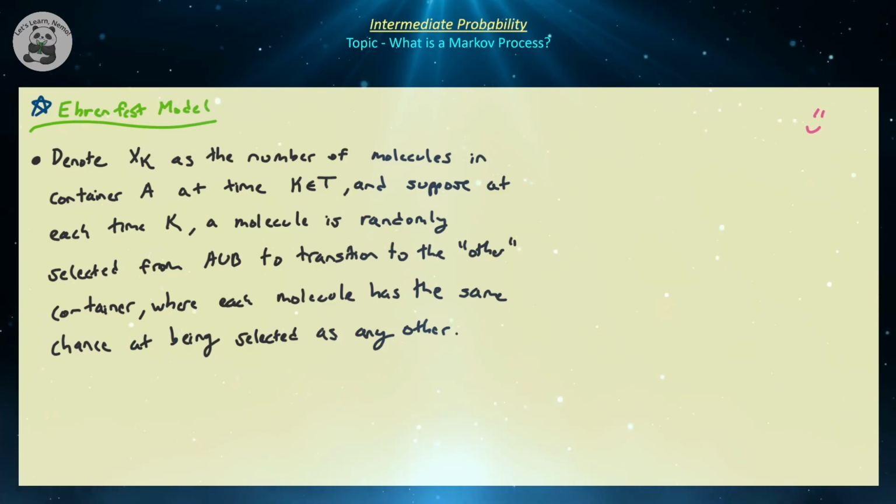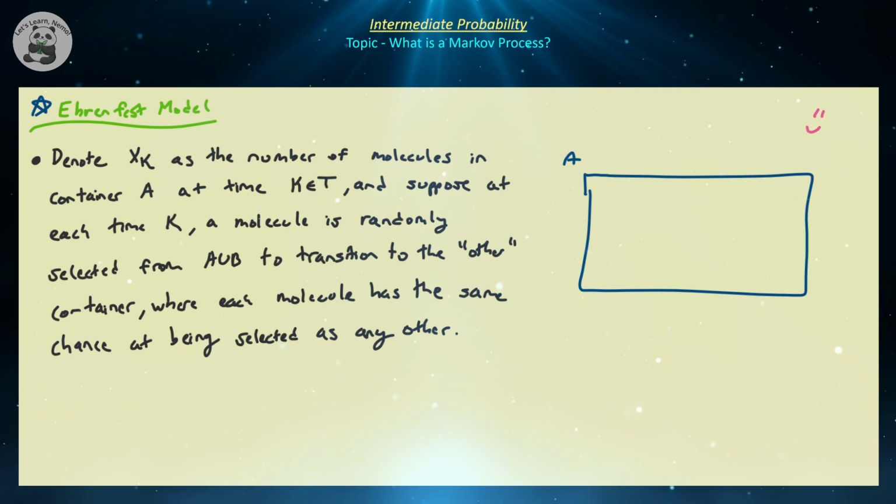So an application of Markovian processes is what is called the Ehrenfest model, which is often seen in molecular diffusion and also thermodynamics. So let me briefly sketch out what exactly the Ehrenfest model models. What we're going to do is have two containers, which I'm going to call A and B. And we're going to have some membrane in between A and B. All right, so this is a membrane.